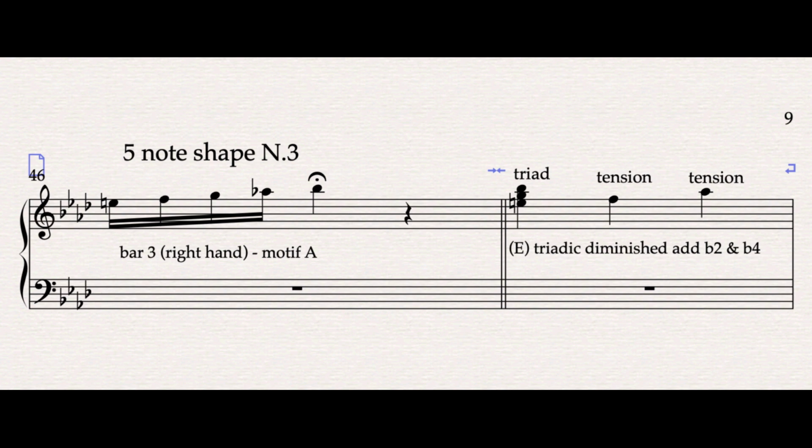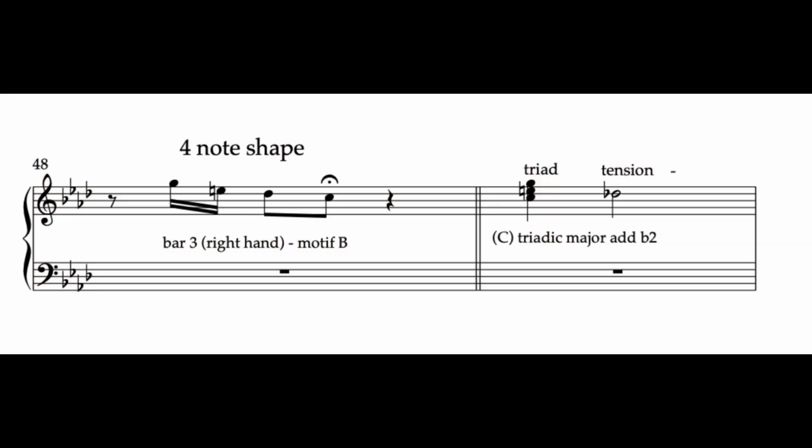And it's what I call, again, a triadic diminished shape. This time with the addition of a flat second, the F natural, and a flat 4, the A flat note, in relation to the tonic of the triad, the note E.